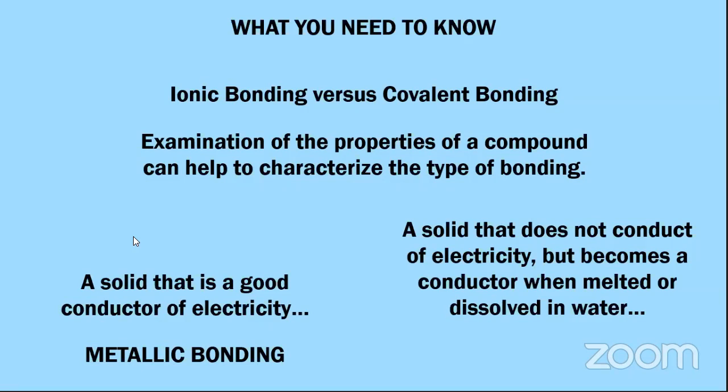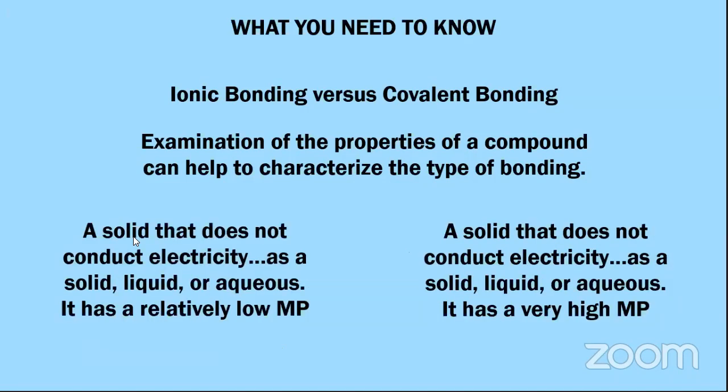If a solid does not conduct electricity as a solid, but can become a conductor when either melted into a liquid or dissolved into water, that's a good characteristic of ionic bonding. So things like sodium bromide or potassium chloride or aluminum nitrate, those would be compounds that, while they don't conduct electricity as solids, when dissolved in water or melted, they do become conductors.